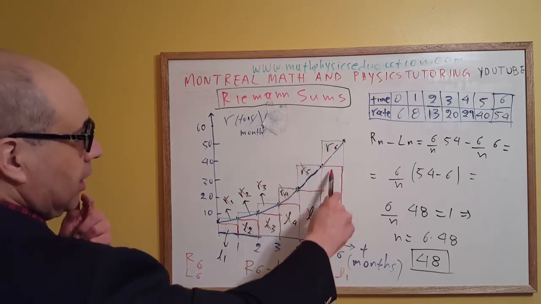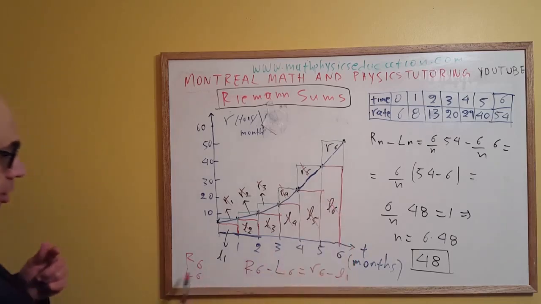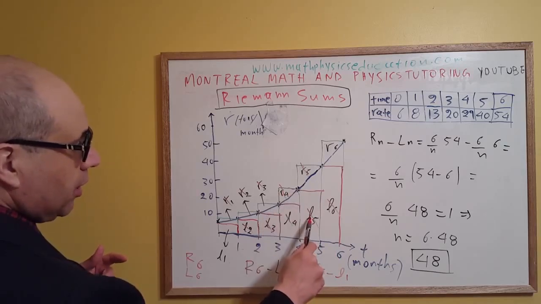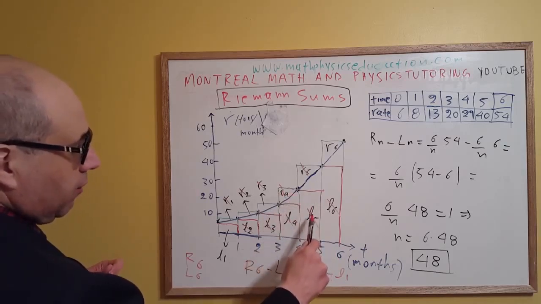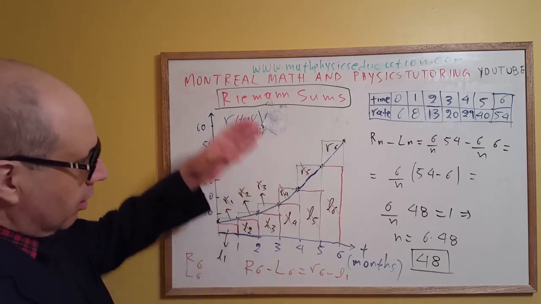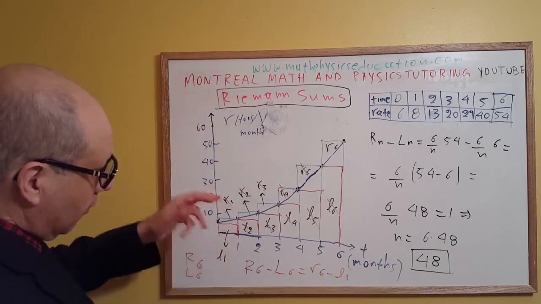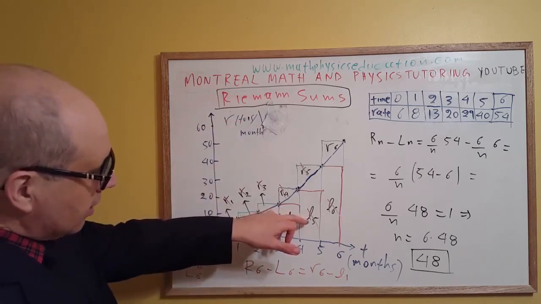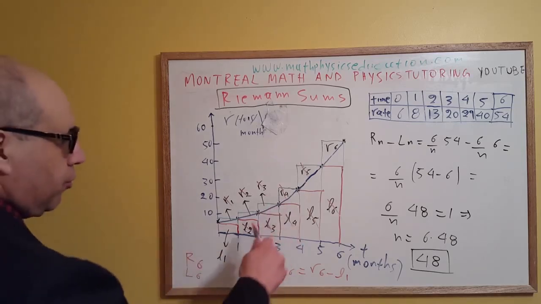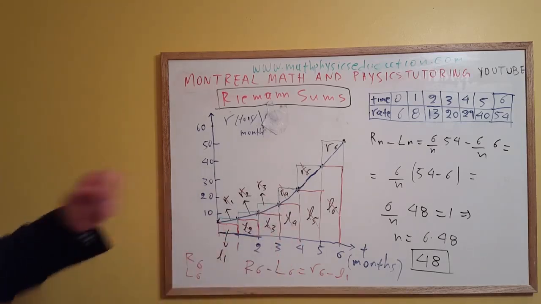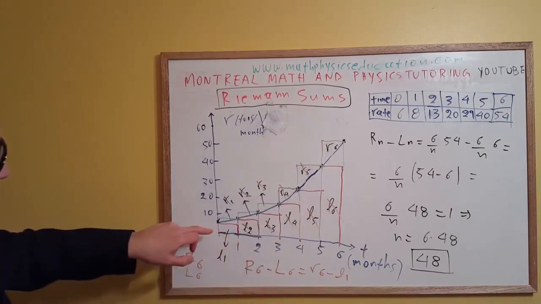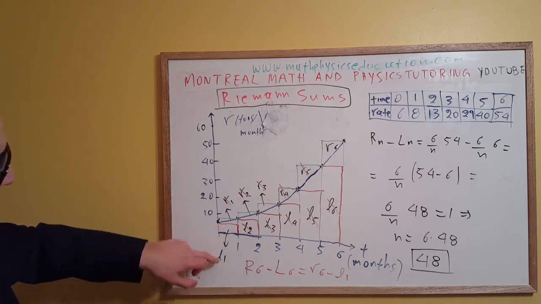The R5 will be exactly equal to the L6, so this cancels with this. The R4 will be equal to the L5. So the R4, the fourth rectangle for the R6, will be cancelled with the L5 of the capital L6, and so forth. The only things that will remain are the rectangle R6 and the rectangle L1.